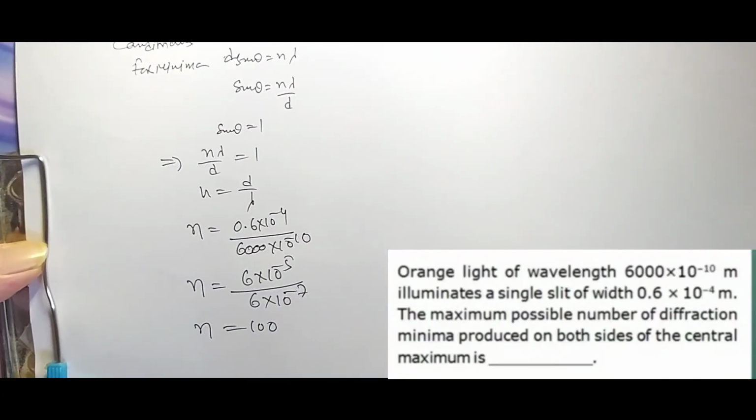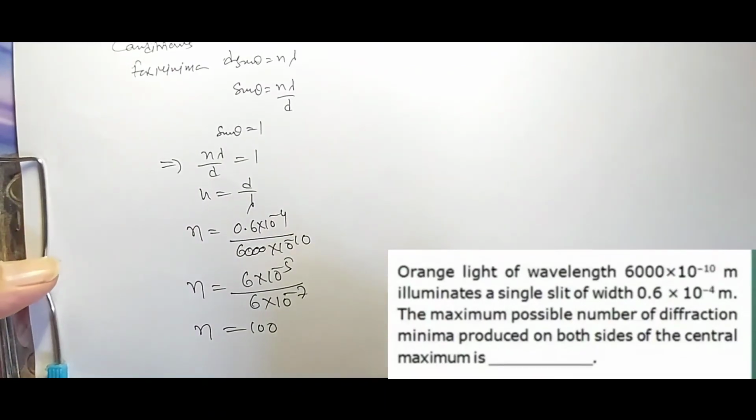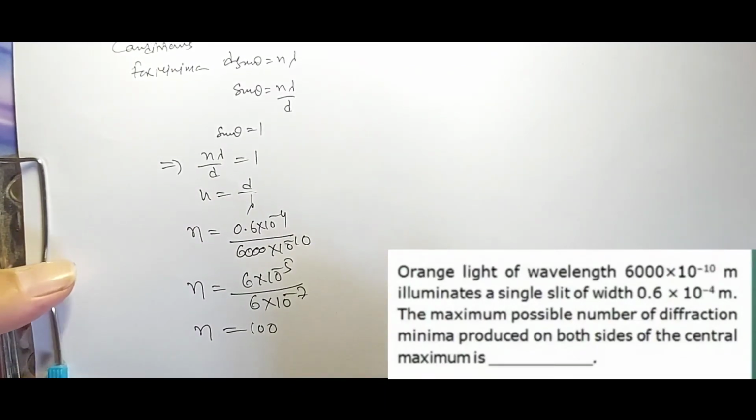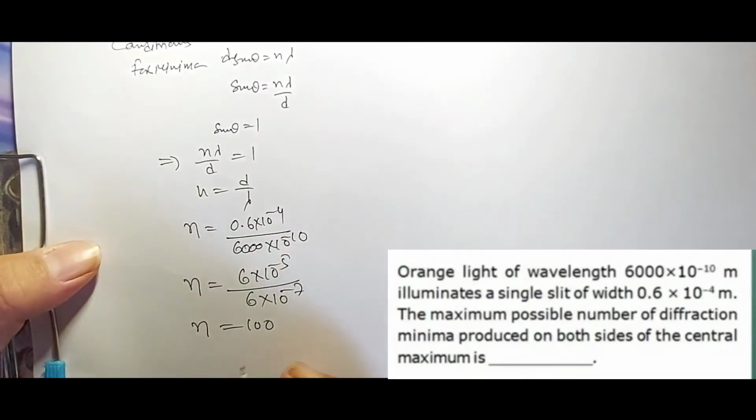So the maximum number of minima formed is 100, but they ask for the maximum possible number of diffraction minima produced on both sides of the central maximum.